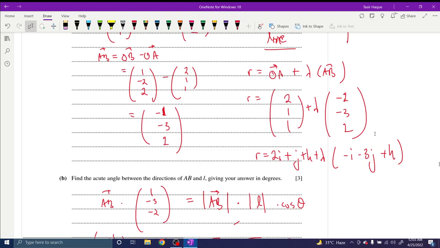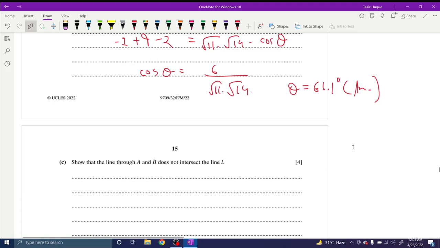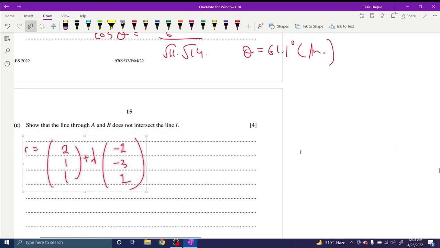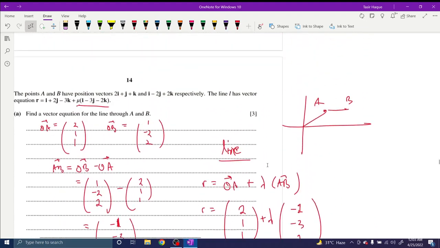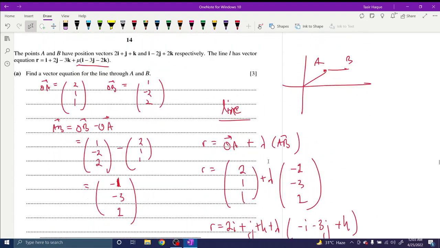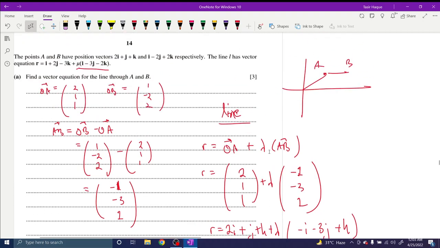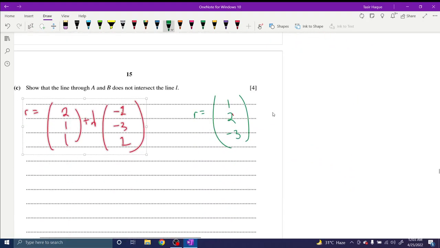So this was the vector equation of our line. And for the line that they've given us, it is actually (1, 2, -3) plus mu (1, -3, -2).